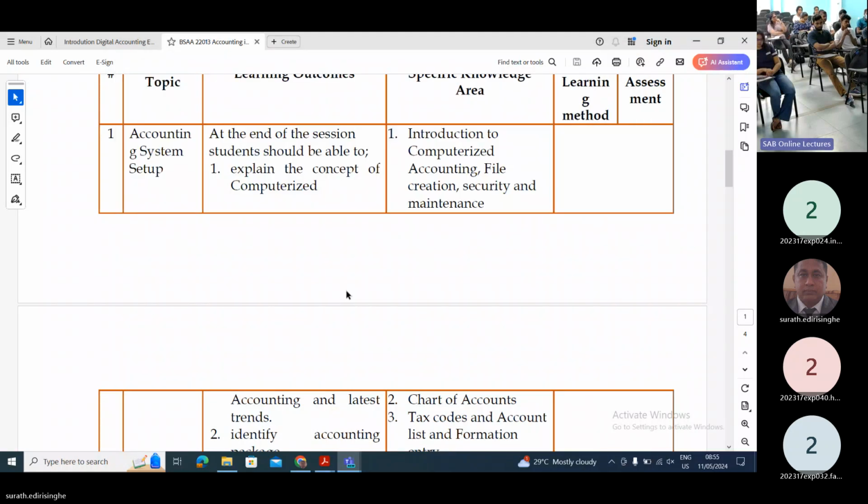Right. At the end of this session, in session number 1, students should be able to explain the concept of computerized accounting. Today you are going to learn this; it is one of the learning outcomes for today. Explain the concept of computerized accounting, digital business, and explain about this.